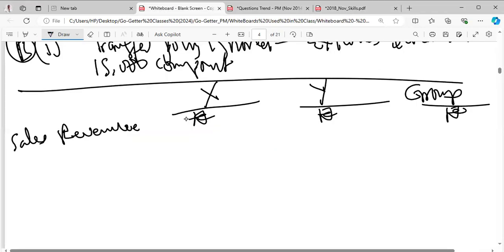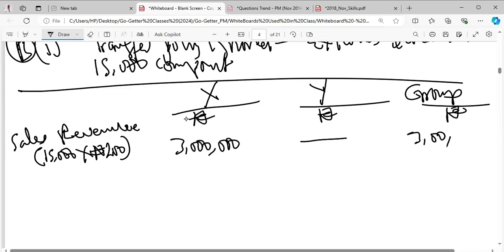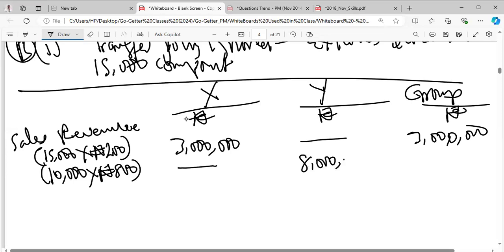So what is going to happen now? Because external demand has asked for 15,000, it's going to be 15,000 at market price, 200. That will give me 3 million. Then these other ones here, they are selling their 10,000 goods at 800 naira. That will give us 8 million.